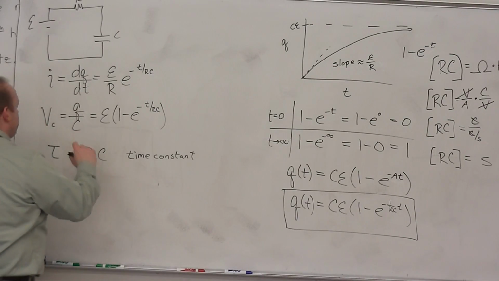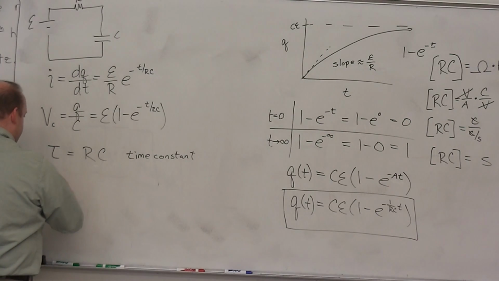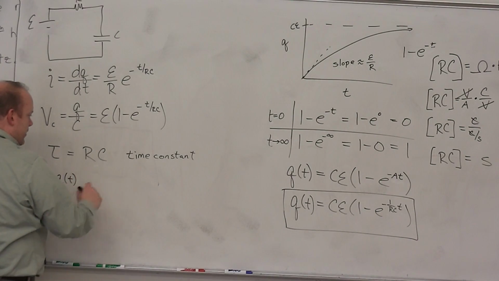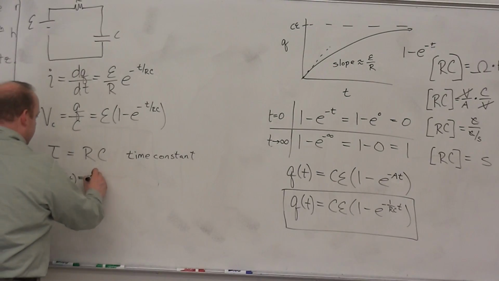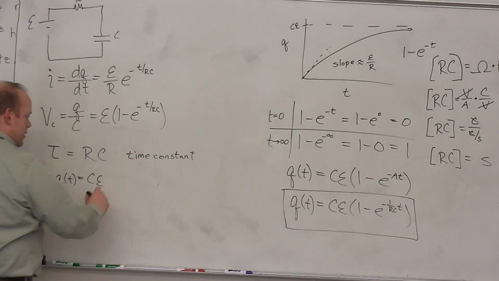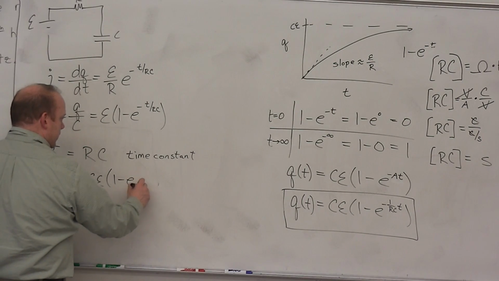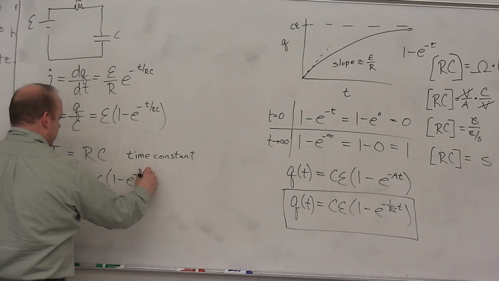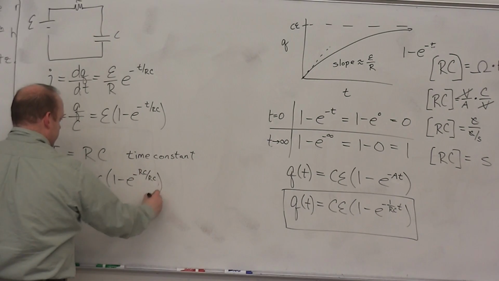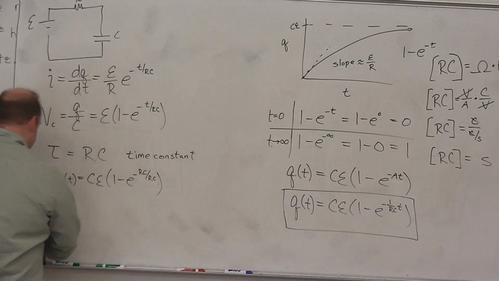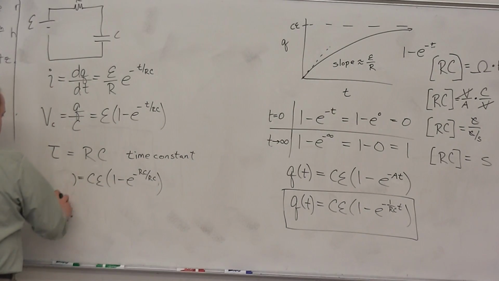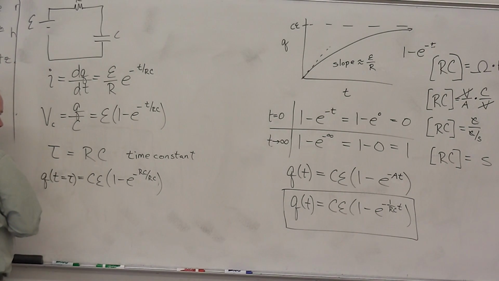Let's see what happens to charge when I plug in the time constant. Okay. I get CE times 1 minus e to the negative RC over RC. Okay. I'm setting Q at t equals tau.